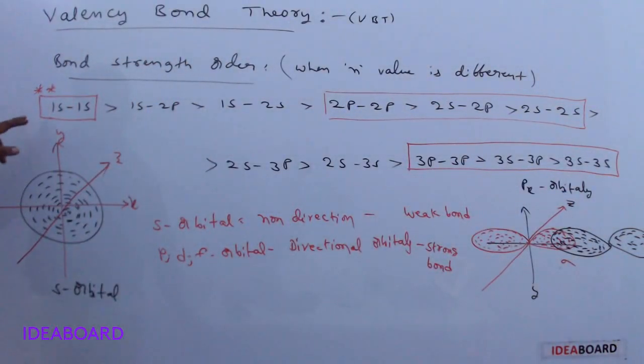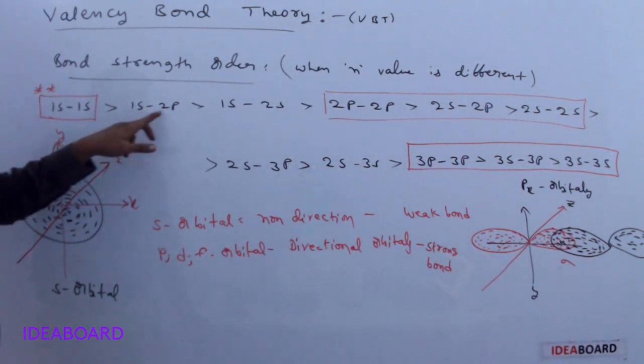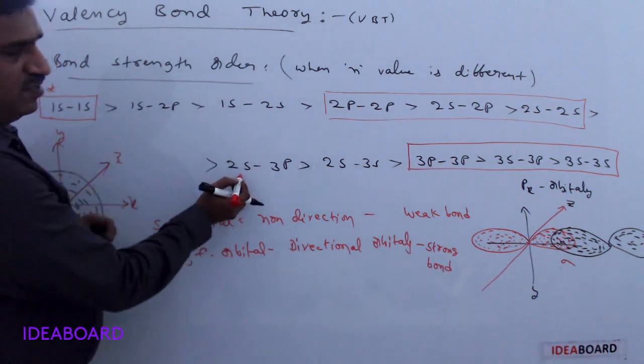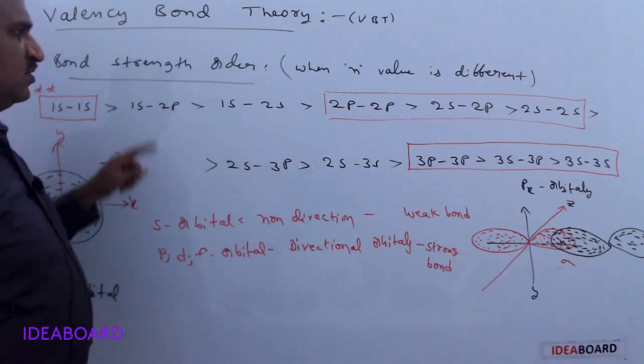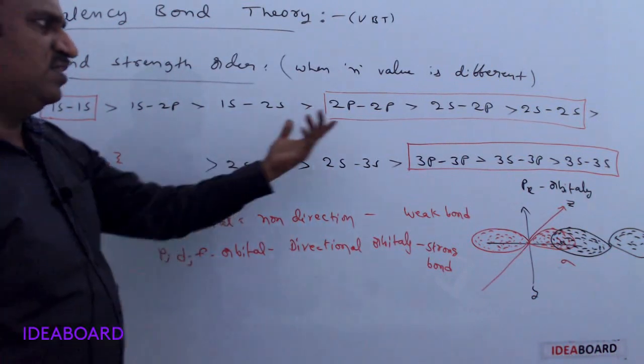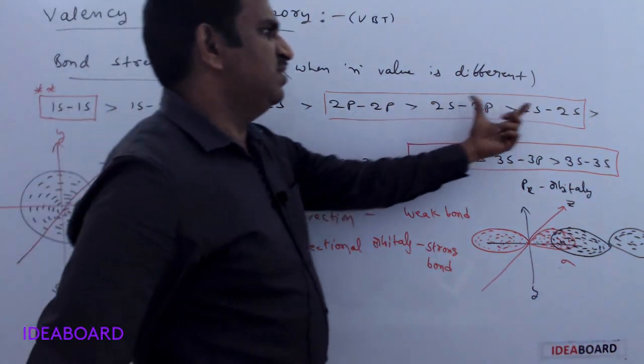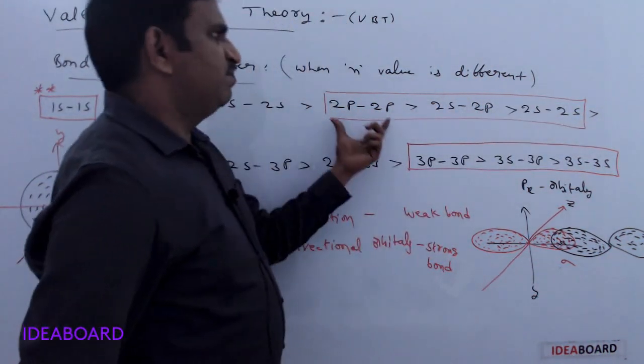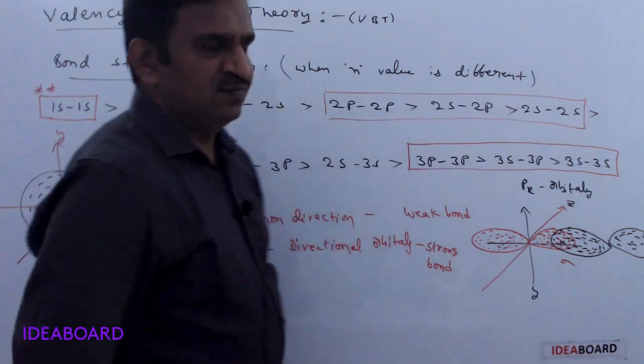To remember the bond strength order easily, 1s1s is always the strongest. Next is 1s2p, and similarly here also we got 2s3p. So 1s2p and then 1s2s. After that 2p2p, 2s2p, 2s2s, meaning pp, sp, ss.